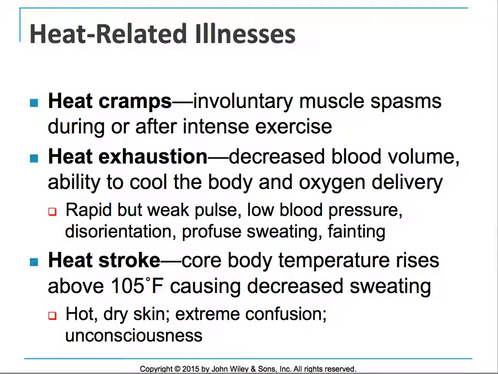Finally, the most severe is heat stroke, where your core body temperature rises above 105 degrees Fahrenheit, causing decreased sweating. This is characterized by hot, dry skin, extreme confusion, and can lead to unconsciousness.